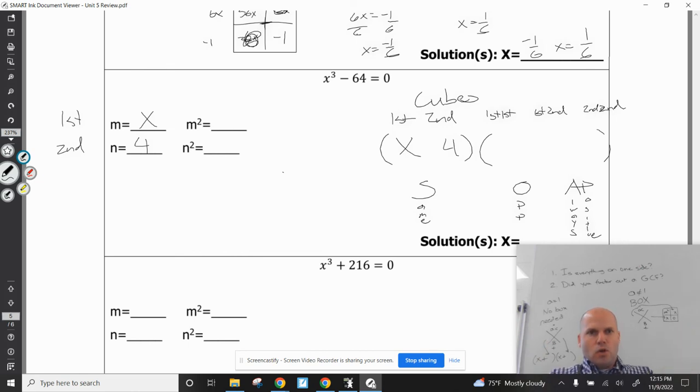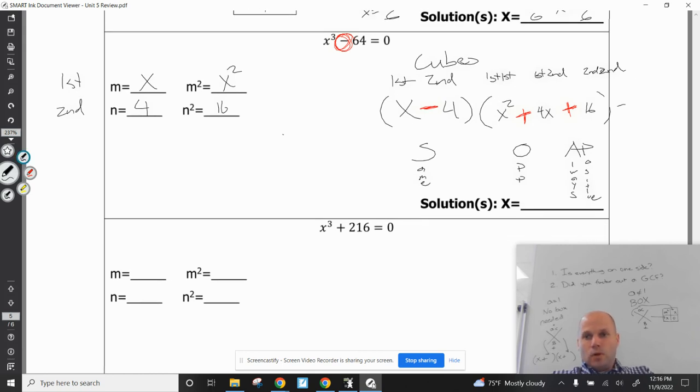First times first. This is the whole m squared. X times x is x squared. First times second, 4x. Second times second, 16. That's the whole n squared. Now, we pay attention to the sign. See that negative? Same sign, opposite sign, always positive.